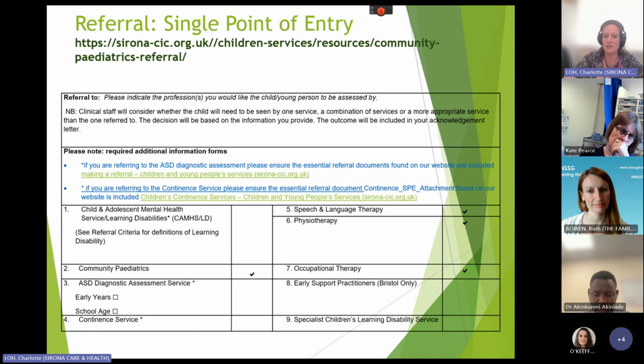So if a child has been accepted under physiotherapy and they're concerned there's quite significant needs, then they can highlight it at that meeting, and that indicates to the paediatricians that they need to triage that child urgently. At the moment, unfortunately, we do have quite significant weights on our triage. I'm not sure of the latest, but for that reason, if they need more than one service, then please ask for more than one service.